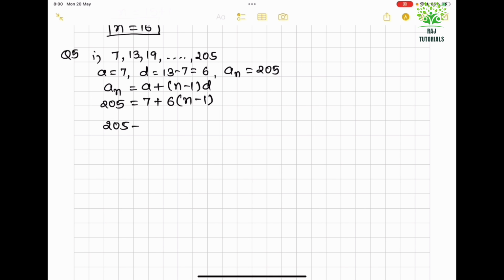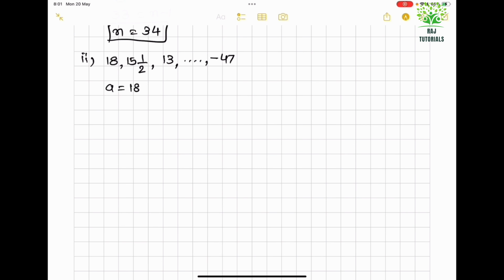So can I say 205 minus 7 equal to 6 into N minus 1? So 198 divided by 6 will be N minus 1. So 33 equal to N minus 1. So N will be 34.